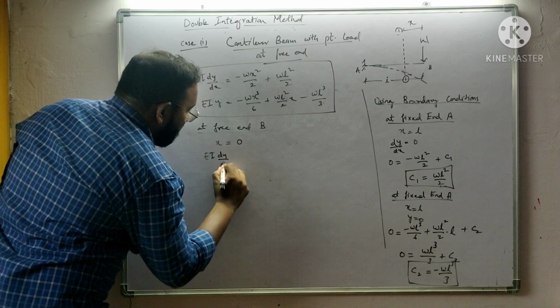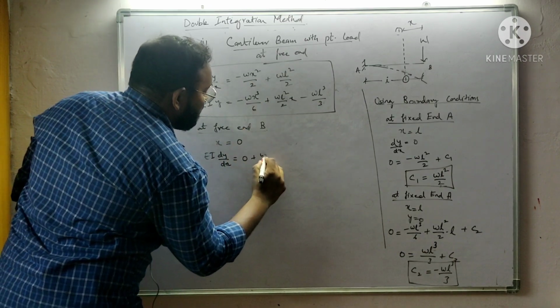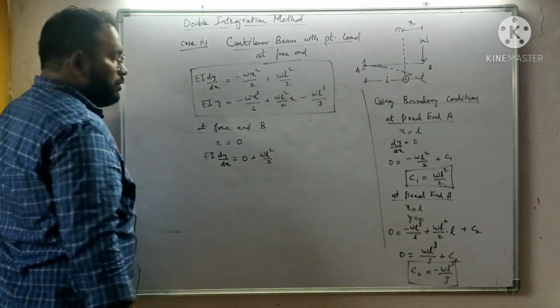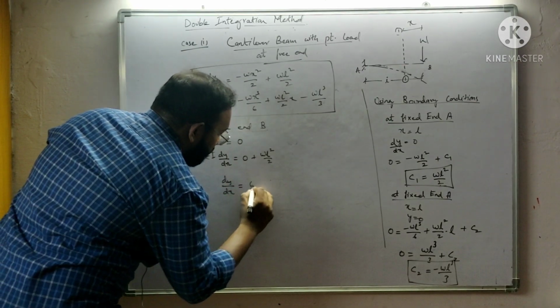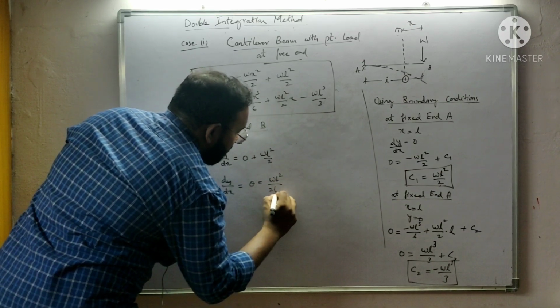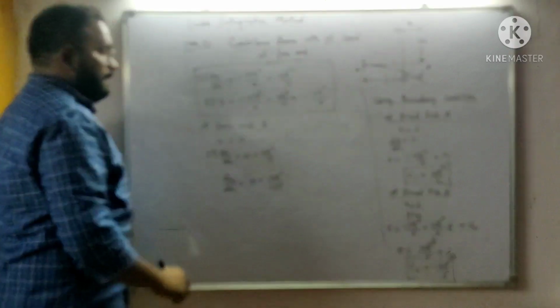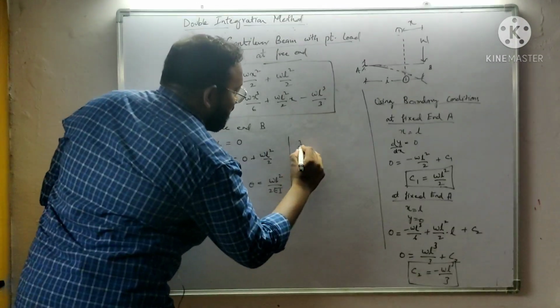EI dy by dx is equal to 0 plus WL square by 2, or dy by dx, which is theta, is equal to WL square by 2EI. This is the equation for slope.